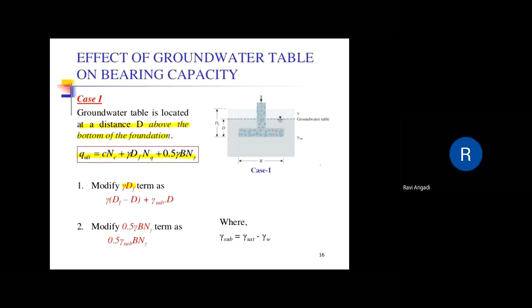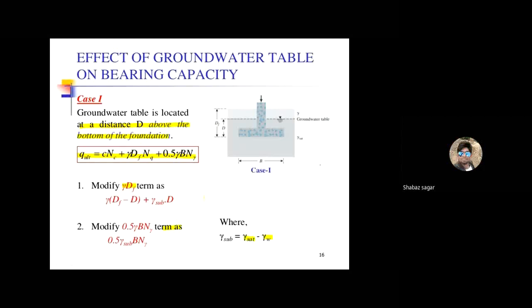Then, second, the third term 0.5 gamma B N gamma also has to be modified: instead of gamma, you have to take gamma submerged B N gamma, where the submerged weight is to be considered as gamma saturated minus gamma w. So this is the equation you have to remember while solving the problems. Is it clear?